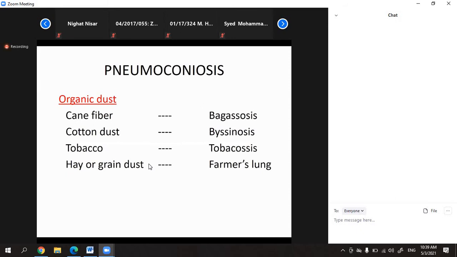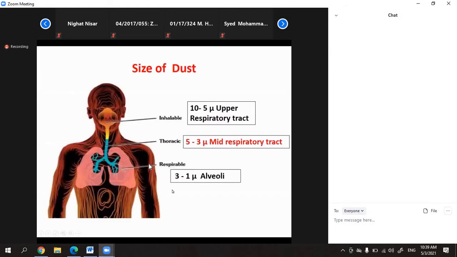Organic dust can cause Bagassosis, byssinosis, and farmer's lung, which are common, and tobaccosis, which is due to tobacco dust. So this is how pneumoconiosis is classified, and it is a lung disorder, an occupational disorder, due to dust particle inhalation, which leads to lung fibrosis and in some cases lung carcinoma.